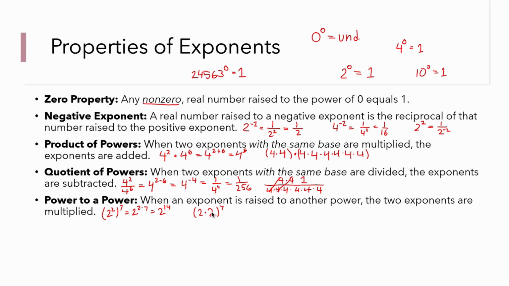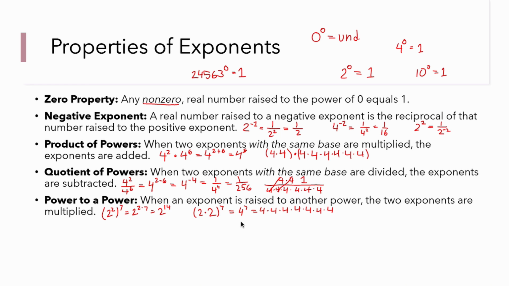Now let's evaluate 2 times 2. 2 times 2 is equal to 4. So this is the same thing as 4 to the power of 7. And 4 to the power of 7 is equal to 4 times 4 times 4. Yeah, you get my meaning. Is that 7 4s? Yep. Alright, so 4 to the power of 7 is equal to this thing.